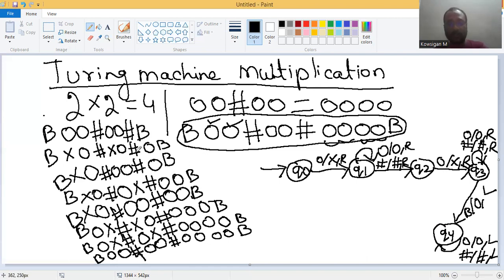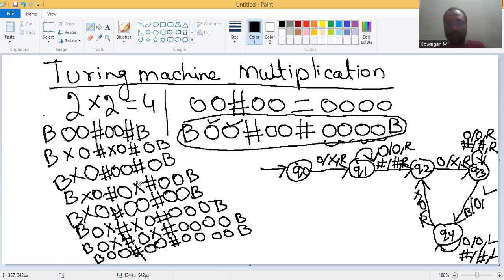This has been mentioned in a loop. And this x will be replaced as 0, and we will be moving to the right hand side. Why are we replacing this x as 0 again? Because the operation of copying the 0 has been completed for this first 0.